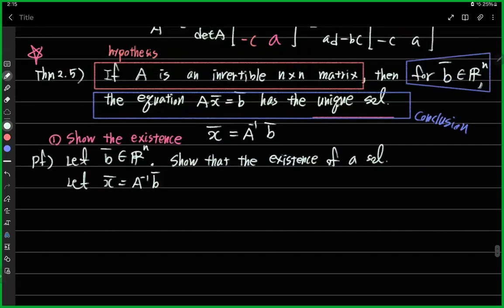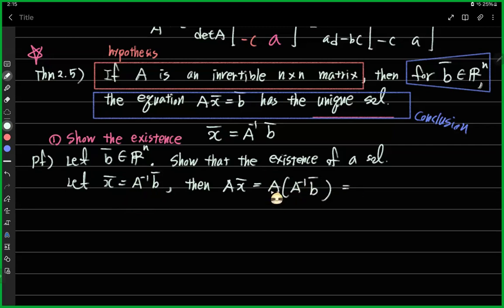Since A is invertible, which means that there exists A inverse, that's why we can say X bar is equal to A inverse times B bar. We can use A inverse because there exists A inverse. This is what they said in the theorem. And then A X bar is equal to A times, because we just substitute, A inverse B bar.